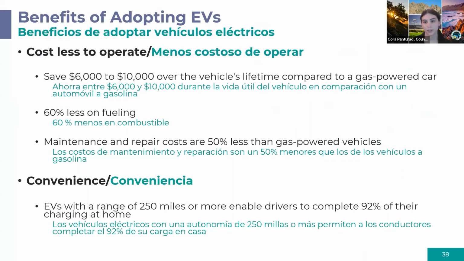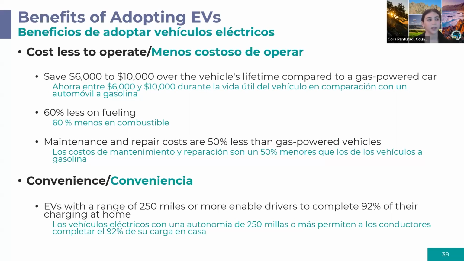So the first is cost savings. EV owners save around $6,000 to $10,000 over the vehicle's lifetime compared to a gas-powered car. This savings often comes from the fueling costs because it is around 60% less to fuel an EV with electricity.